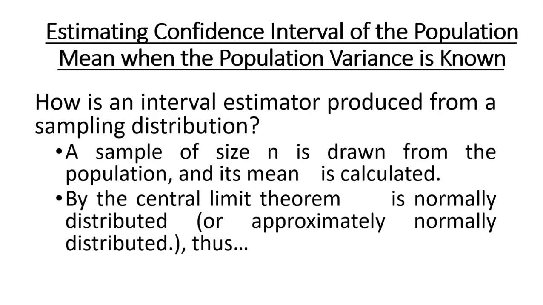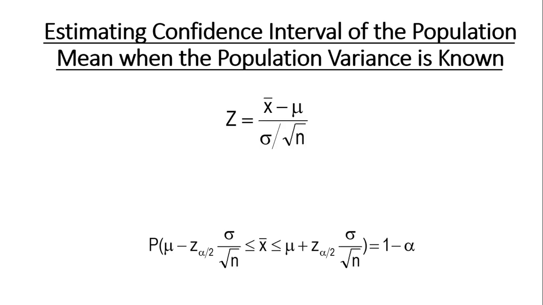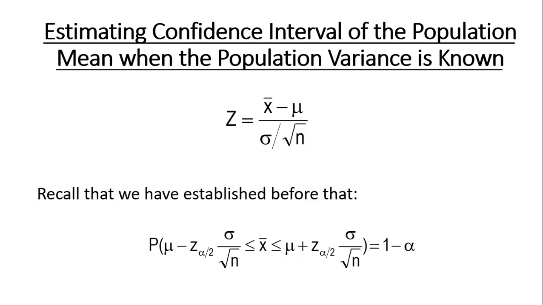From the population you draw a sample of desired size n, depending on your target, and you calculate the mean, and by the central limit theorem it is normally distributed. So we apply our central limit theorem to it, and the next slide explains it better.